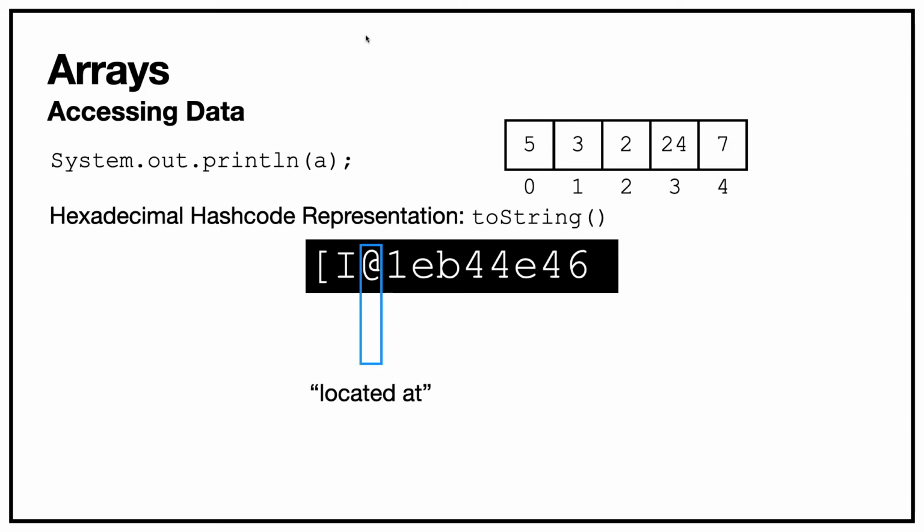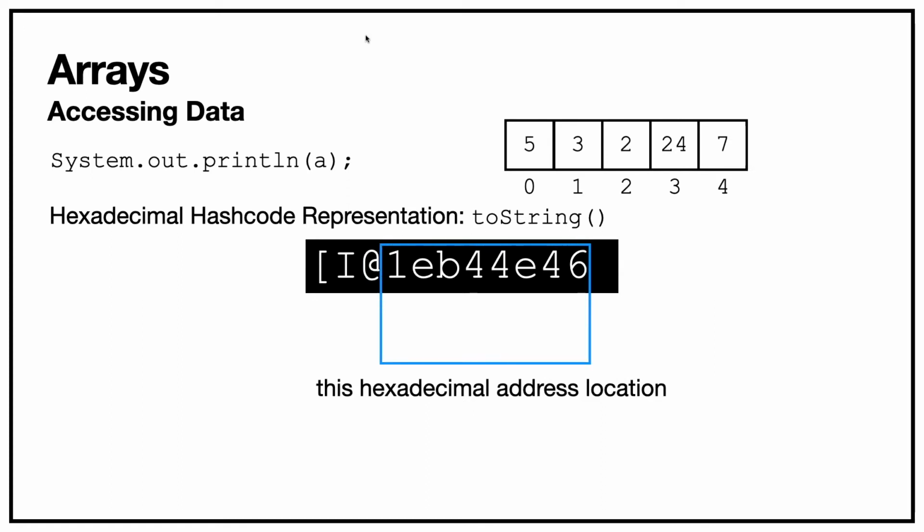This is the at sign, which pretty much tells you that the array of integers is located at, and then we're going to provide the hexadecimal address location. Now, hexa means 16, base 16. So basically, in case you want to represent your digits from 0 to 16, you need to use hexadecimal for 1 byte.